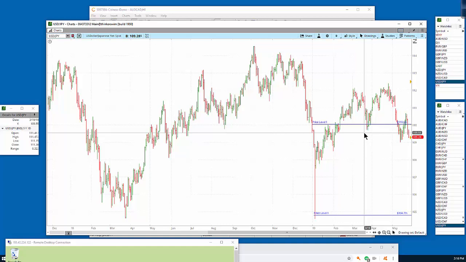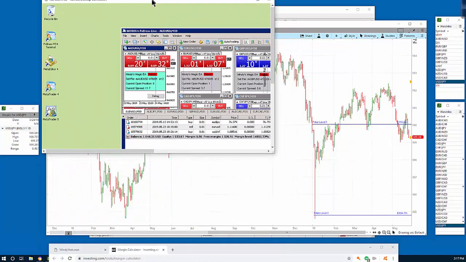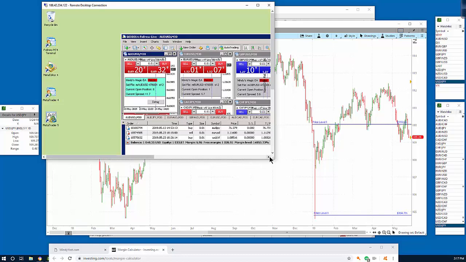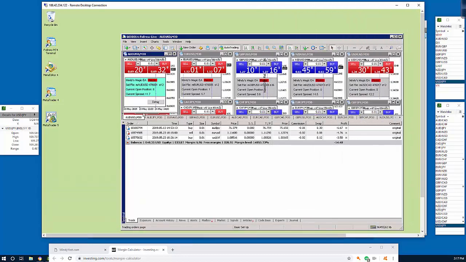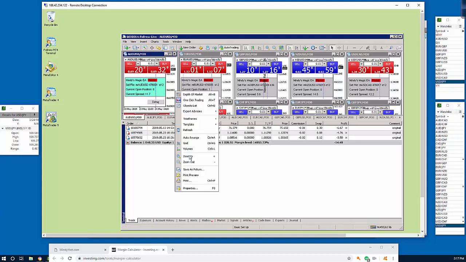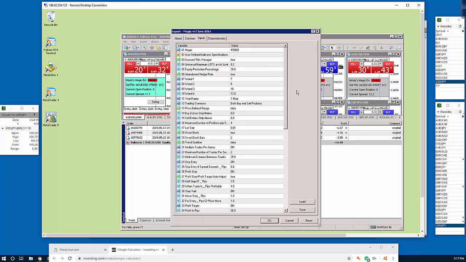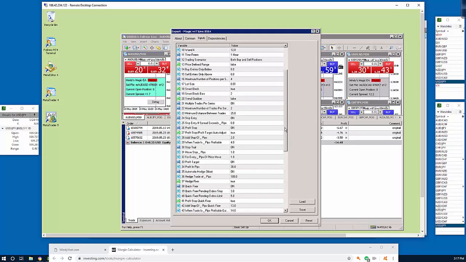But you can trail the profit stops, and the EA has an automatic stop trail situation built into it. So when the EA makes a trade, we'll just go back to the properties window. When the EA makes a trade, we tell it right in here somewhere if we want to use the profit stop.